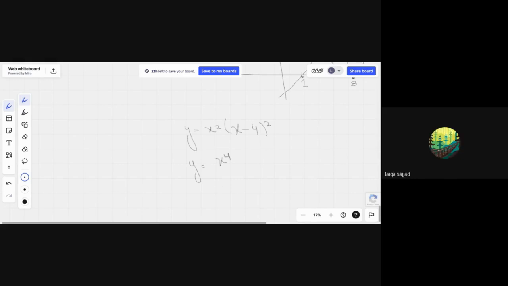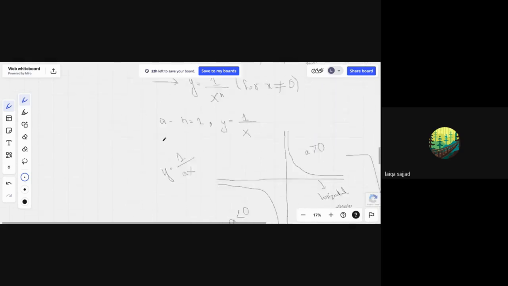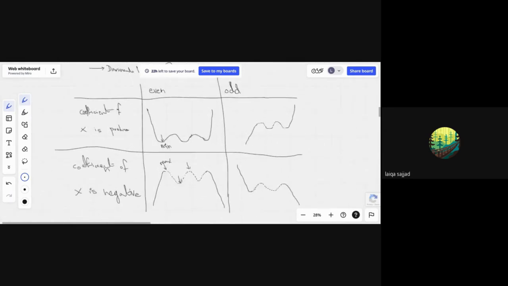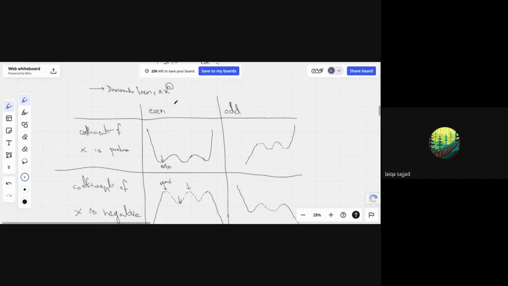Positive. Yes, it's positive. So what type of graph would we get? Just look back over here. When we have an even power, because it was 4, so it's even, and the coefficient is positive, we would get a graph like this. It gives you a minimum, a maximum, a minimum, like this, right?